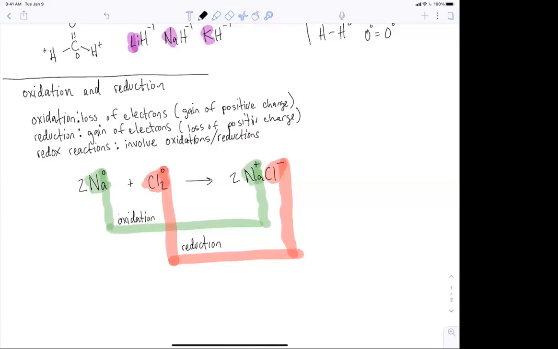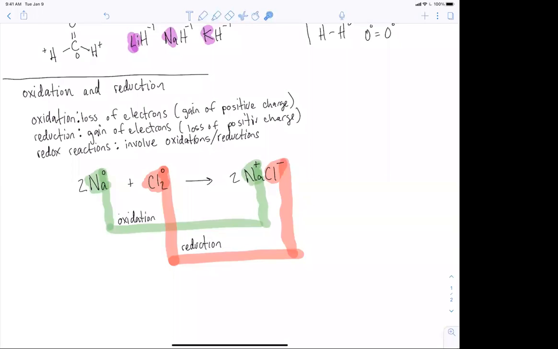So these things always happen together. I don't want to say it's like acid-base chemistry, but oxidation and reduction happen simultaneously. You could think about it like an accounting situation with money: if you get money, it has to come from somewhere. Well, maybe if you're the federal government, you can just print it. But generally speaking, if you gain money, someone else is losing money.